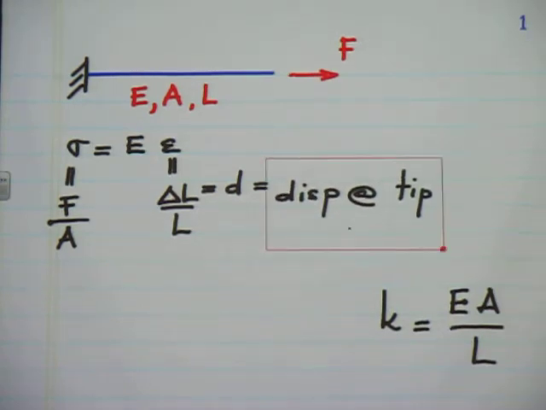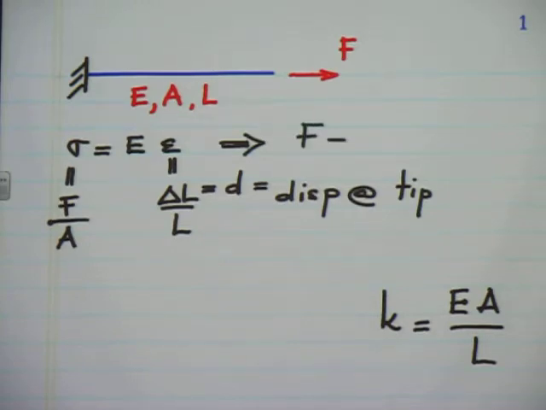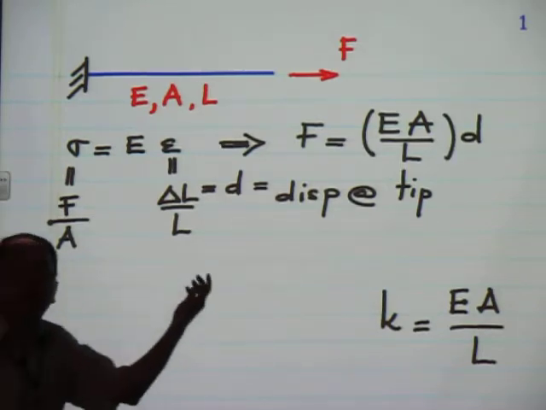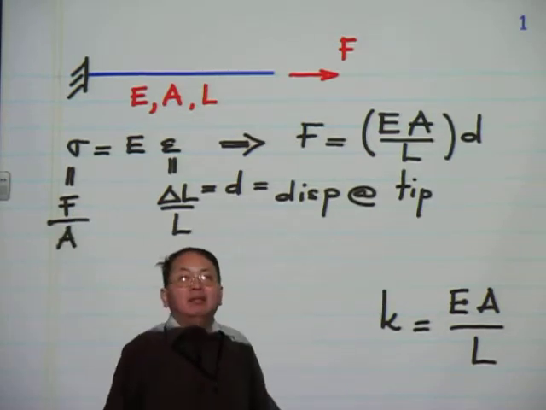And so with this, you can deduce that F is equal to E A divided by L times d, right? And F equal to K d, right, is the mantra that we often cite.